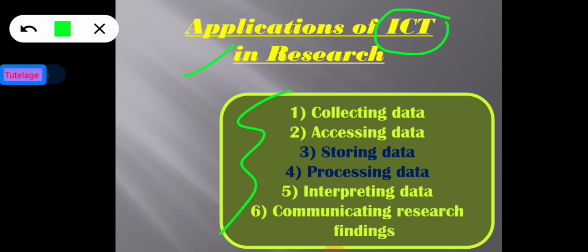The first area is collecting data. ICT can be used for collecting data. In case of a study based on primary data, online questionnaires, surveys, and forms can be used to collect data instead of collecting data manually from the respondents. It can help in saving time and money, and there will be no geographical restriction in collecting data.